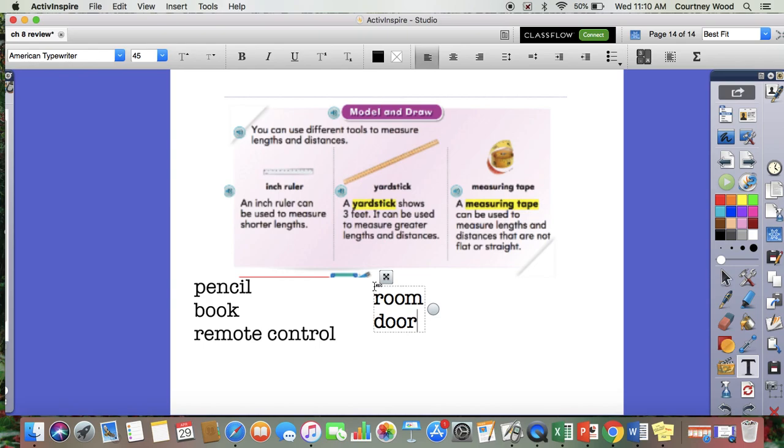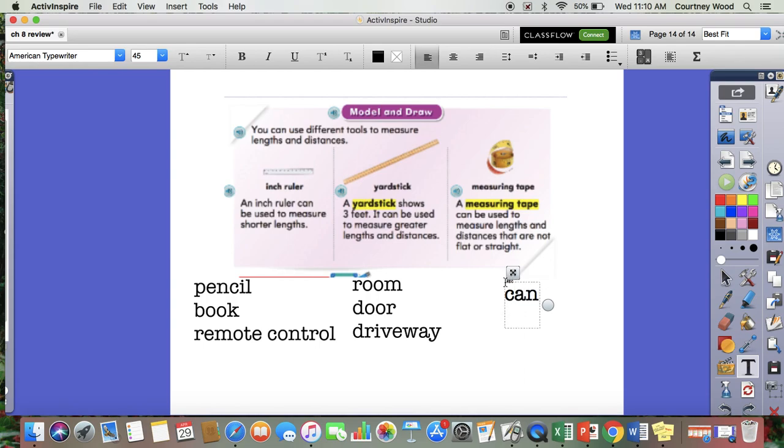You could also use a ruler for that. Maybe your driveway. That's something you would use a yardstick for. And a measuring tape measures the length and distance that are not straight and flat, so something that's round, like a can.